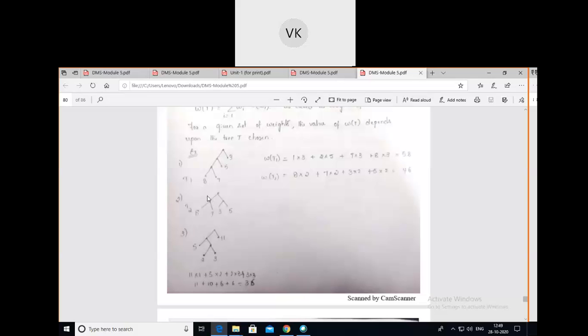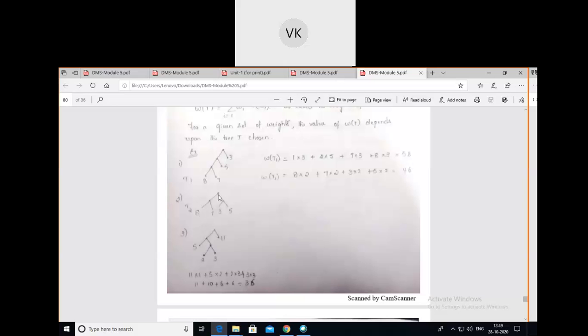Here you see level 0, watch the cursor as I move it. This is level 0, this is level 1, this is level 2, so all these weights are at level 2. For all these weights I am going to multiply by level 2.